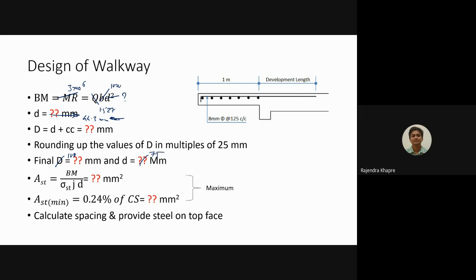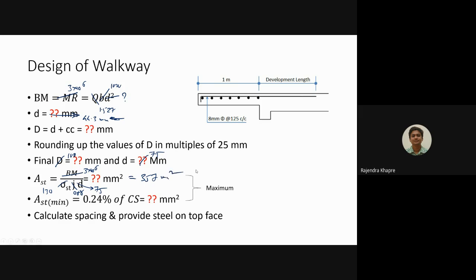Here we can have 75. So bending moment value is 3 into 10 to the power 6. Sigma st is 130. J is 0.86, and D will be something like 75. How much is this? Also calculate the AST minimum, that is 0.24% of the cross section area. 357 mm square.